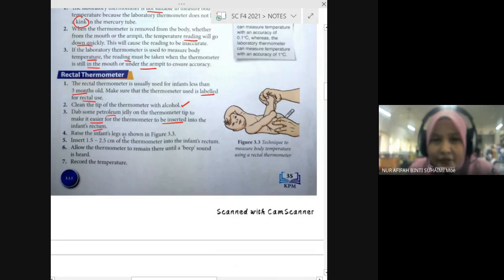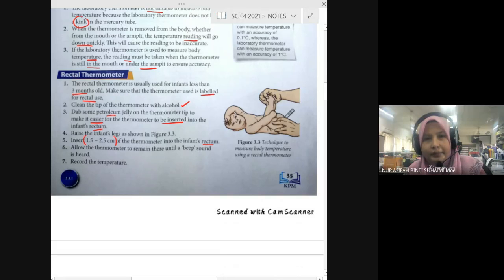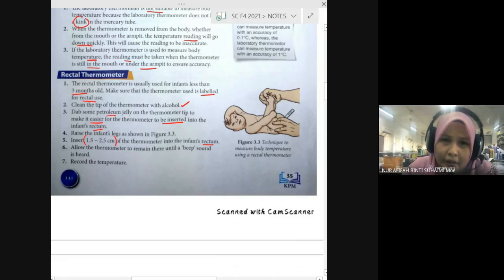Raise the infant's legs and insert between 1.5 to 2.5 centimeters of the thermometer into the rectum. Not too deep. Allow the thermometer to remain there until a beep sound is heard, and then we record the temperature.